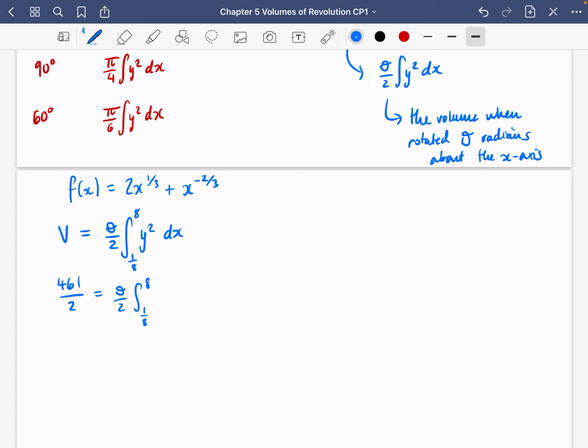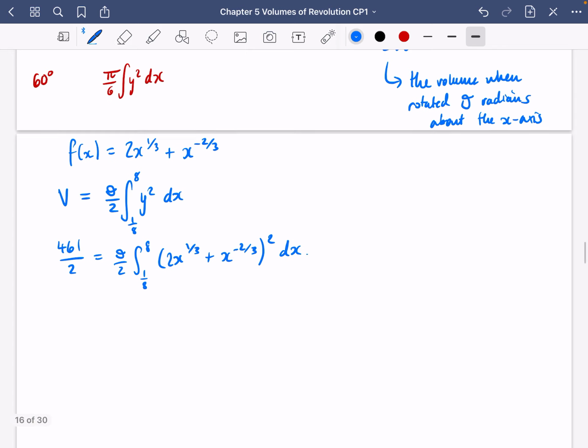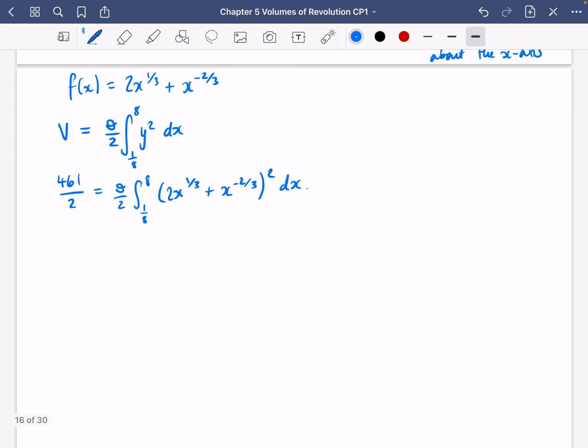Okay, so let's figure out what y squared is going to be. It's going to be 2x to the third plus x to the minus 2/3, that's what y is, all squared. And hopefully we can spot a couple of things we can do here. On both sides of the equation, they're dividing by 2, so I'm just going to multiply both sides by 2 and not write those. So 461 equals theta between 1/8 and 8.